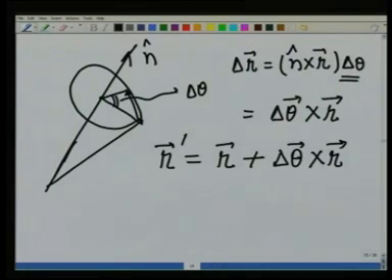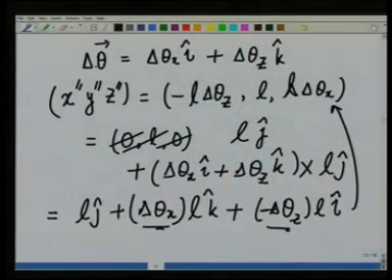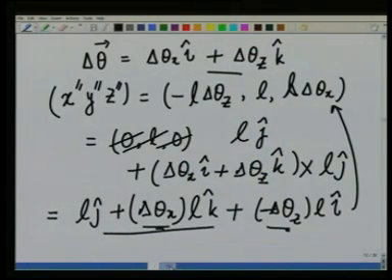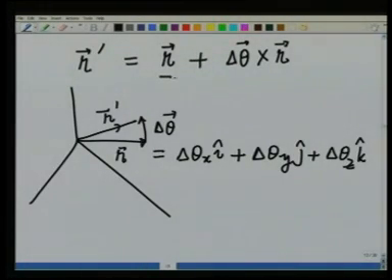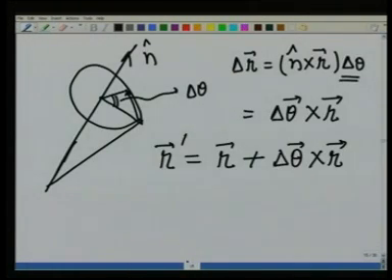What I have shown you is, in the previous derivation, where I wrote delta theta as this and then derived delta r, and after that wrote r prime equals r plus delta theta cross r. Now I have taken a general axis of rotation n and shown again that r prime can be written like this.